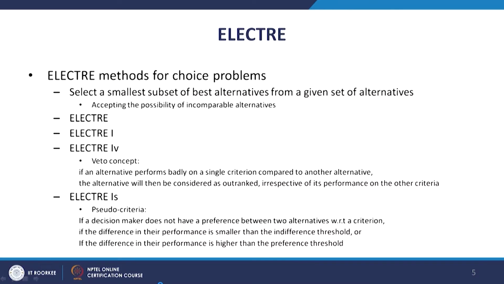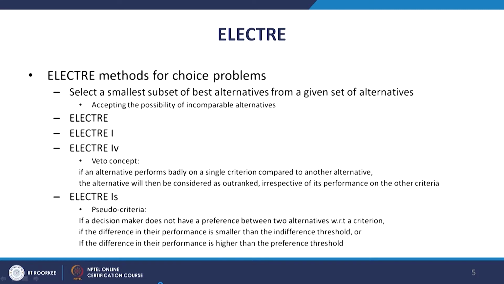That is what we refer to here as a choice problem, specifically in this outranking school of thought. The sub point also talks about this fact, accepting the possibility of incomparable alternatives. That is why the smallest subset of best alternatives.